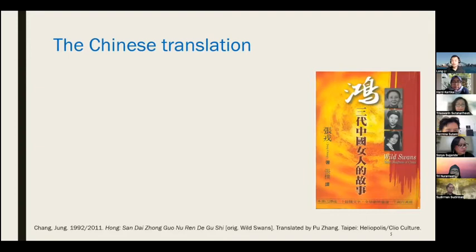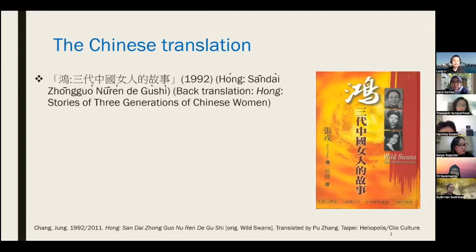And I have also adopted the Chinese translation for this study. So the Chinese title is 红三代中国女人的故事, which can be back translated to English as Hong, Stories of Three Generations of Chinese Women. So you can already see some differences between the Chinese title and the English title, which is Wild Swans, Three Daughters of China.